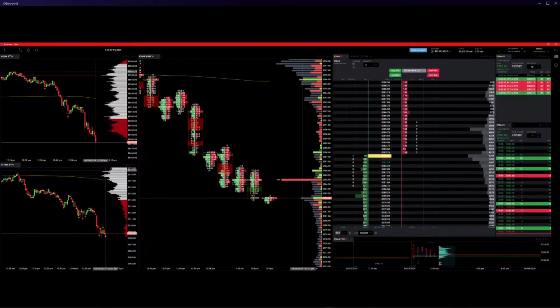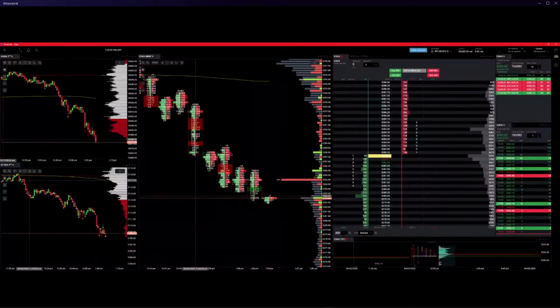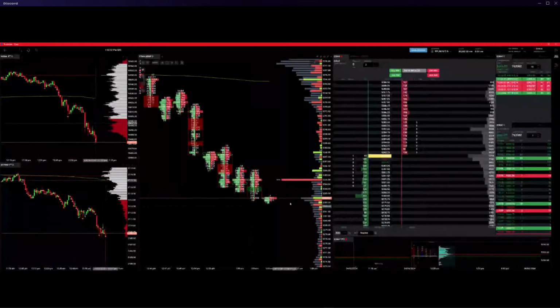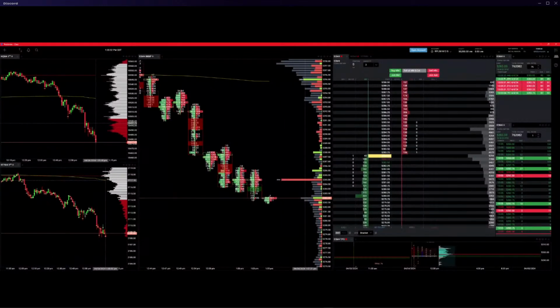So the main thing I want to focus on today is these areas of interest, seeing this absorption, seeing the offer drop. Obviously we know this is a very extreme bearish trend day. So I'm going to start letting this play. You see where we're trading right now. This is at 1:05 Central, so 2:05 Eastern.